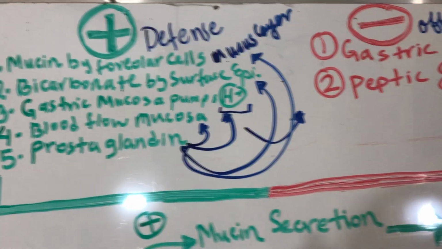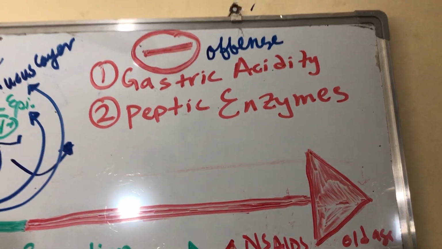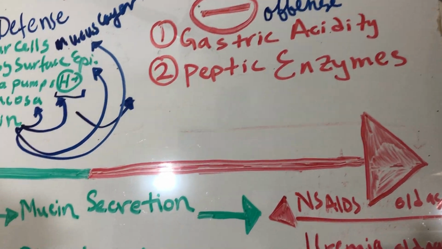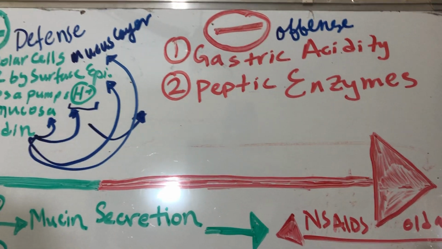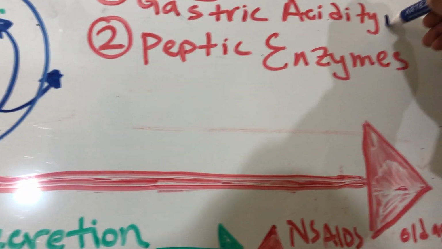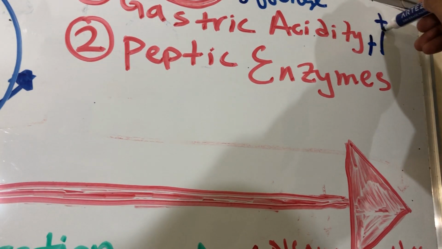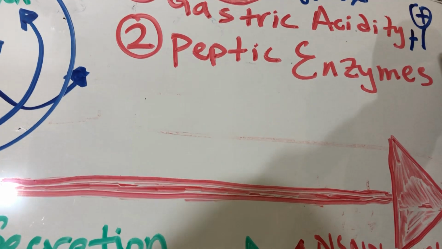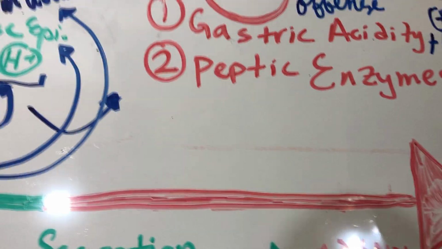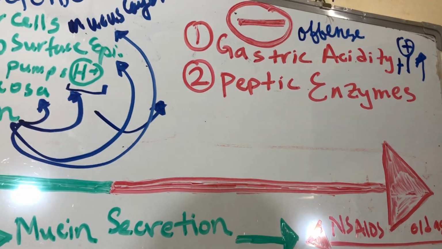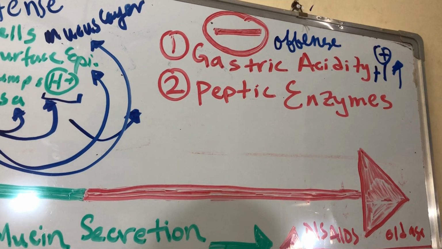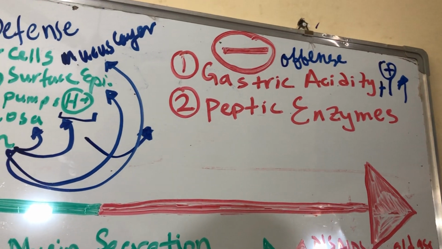Now, who is doing the evil work? Who is trying to cause the pathology? It's the gastric acidity, that acid content, that hydrogen proton content. If it increases way above the threshold tolerable by that gastric mucosa, it will penetrate into the gastric mucosa and damage it, causing an ulcer.